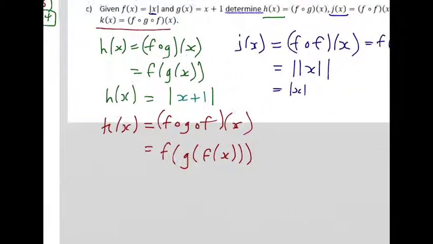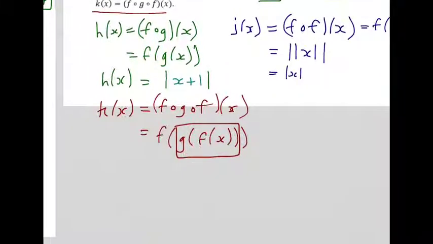So the first thing we're going to do is we're going to take g. We're going to do this portion here first. Take g and put f in wherever x was. And then take that and put it inside of f. Does that make sense? So I'll show you how that looks here.